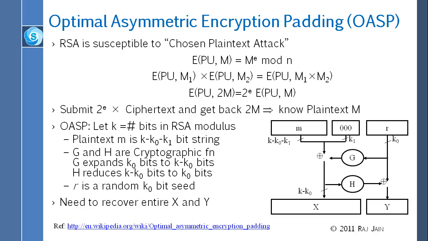If you take a public key PU and you encrypt M, that will be equal to M raised to E mod N. This is a multiplicative relationship, in the sense that if you take M1 and M2 and multiply them, the result is the same as encrypting M1 times M2.